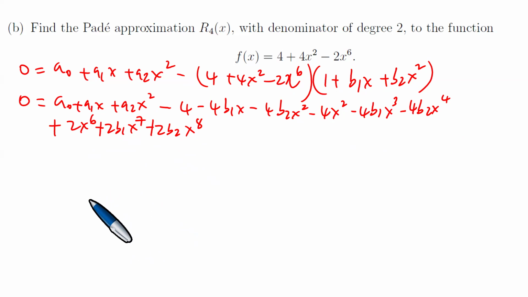And if we do group the like terms together, we're able to obtain the following. Let us look at the constants.